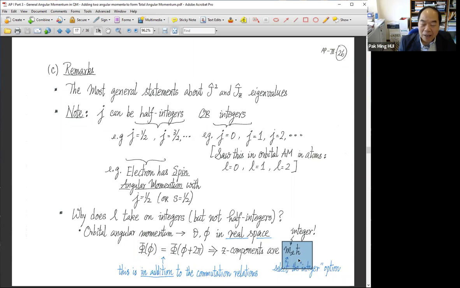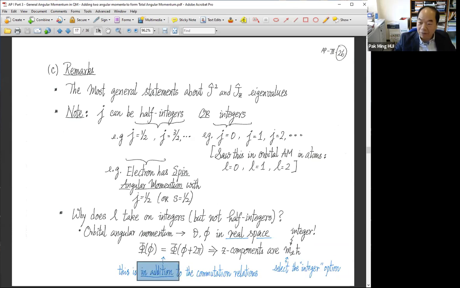Therefore, you are choosing a particular option. But there's no contradiction here because in this problem, there's an additional requirement.